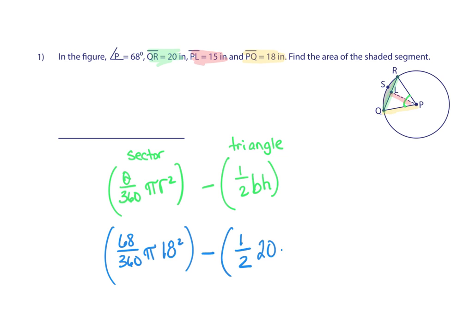Base times height. So when you're trying to find segment, you take the entire sector, what we just did, angle over 360 pi r squared, and you subtract out the triangle piece of it, 1/2 base times height. And then what is left over is your area of your segment.